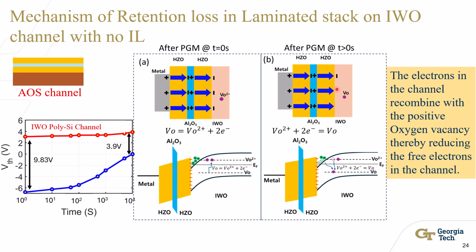This recombination reduces the number of electrons in the channel and depletes the channel, and hence increases my device's threshold voltage over time. Since the screening electrons become fewer over time, the threshold voltage increases, which causes the reduction in memory window performance.